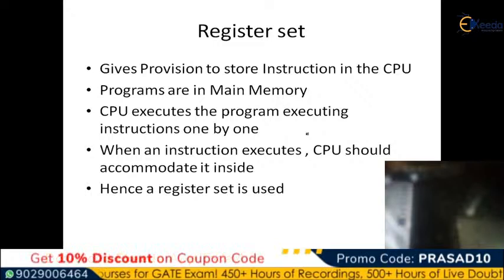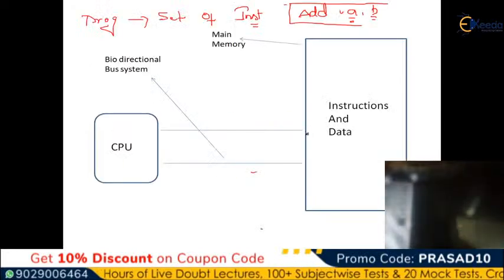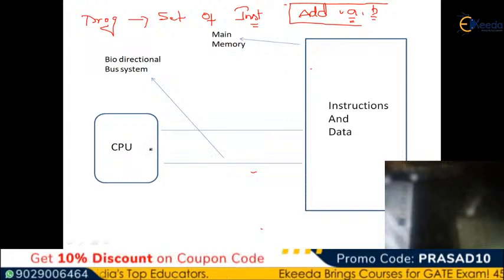And all these instructions are available in main memory. Now, when the programs are getting executed, one by one, these instructions will be transferred to the CPU. As any program is getting executed, one by one, these instructions must be fetched by the CPU.